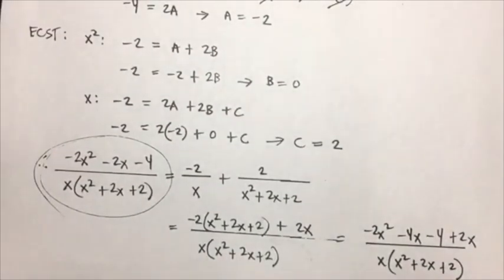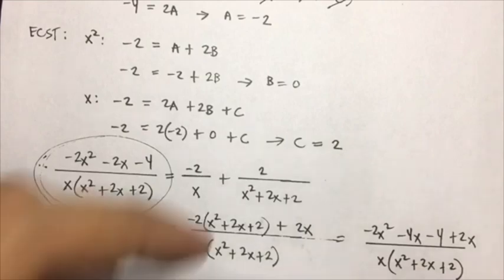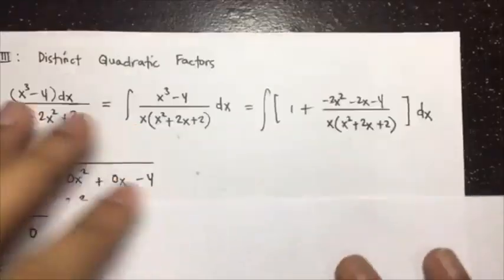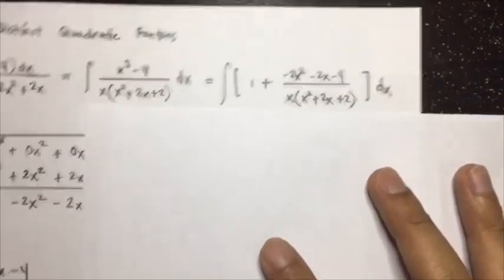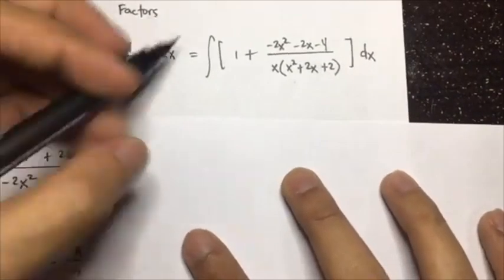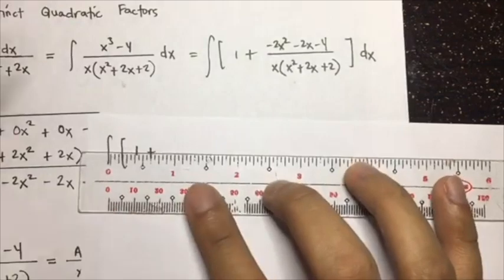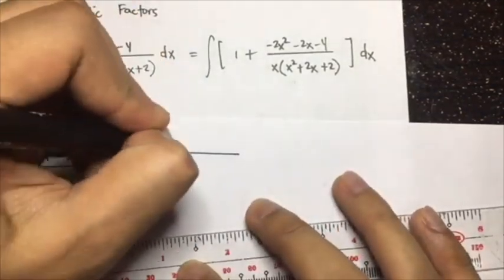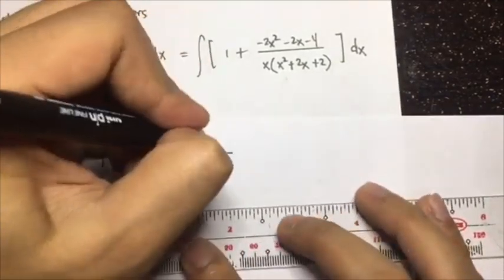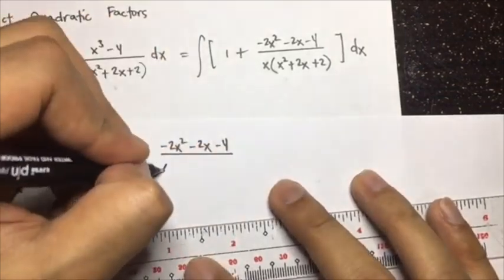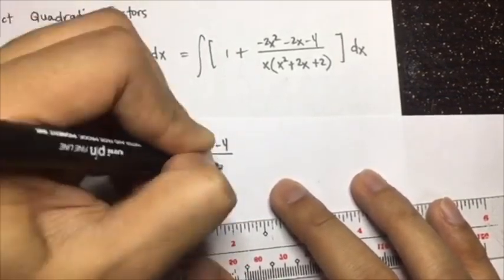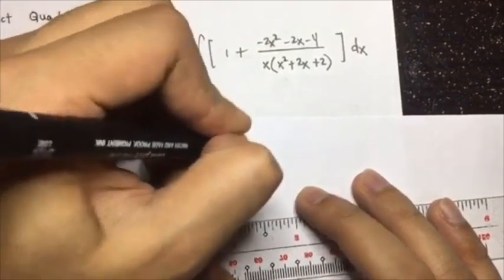Okay, so therefore our integral will now become, from this one, the integral of 1 plus negative 2x squared minus 2x minus 4 over x times x squared plus 2x plus 2, dx.